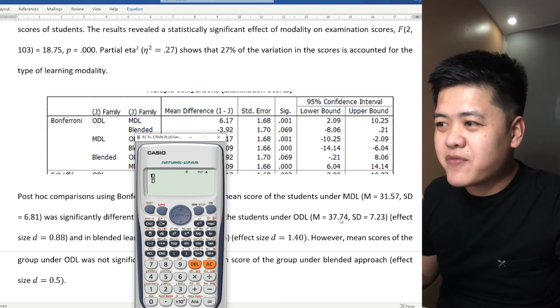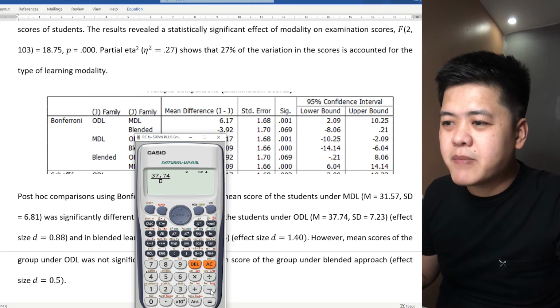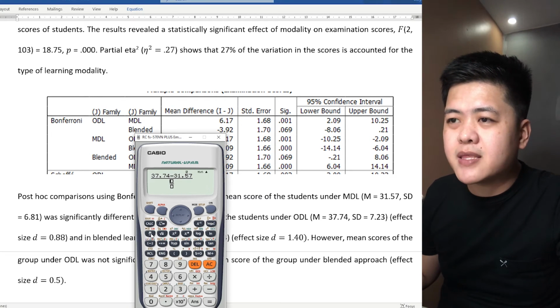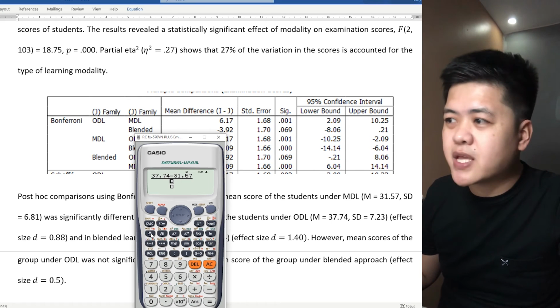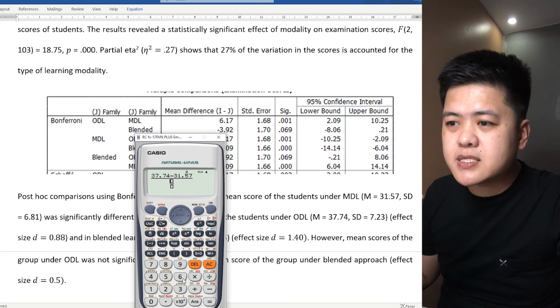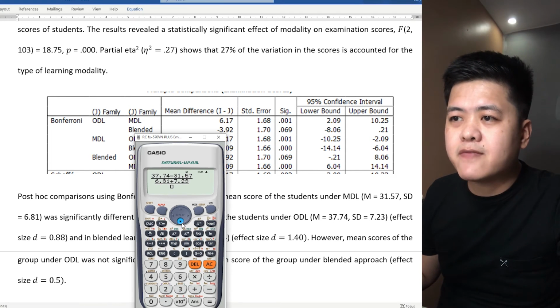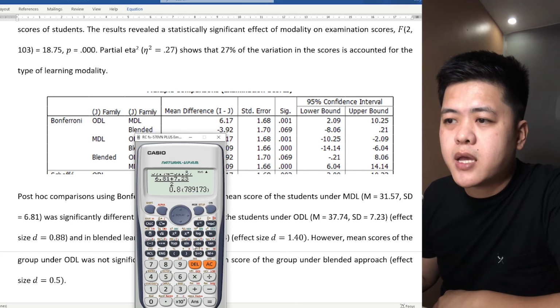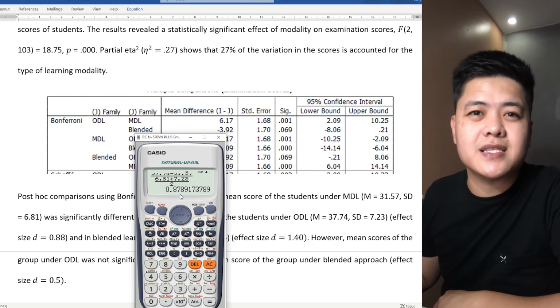So in this case, we have 37.74 minus the mean for the MDL, which is 31.57, and then divide it by the standard deviation, the average of the standard deviation. In this case, it's 6.81 plus 7.23 divided by 2. And the answer is in this case, that's 0.88.